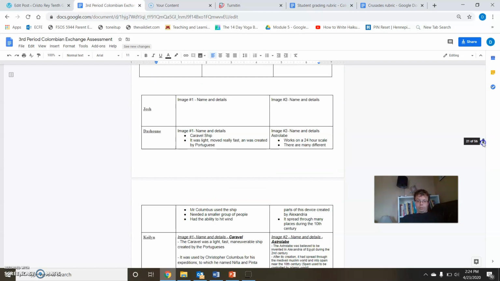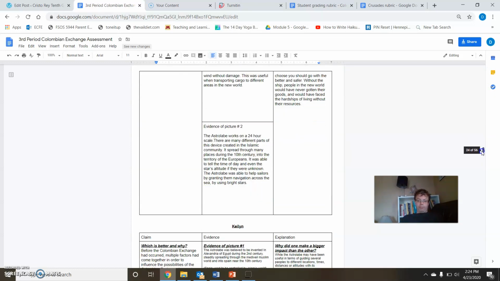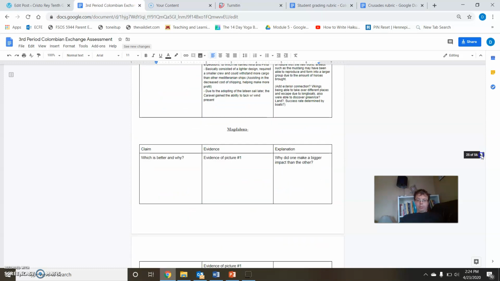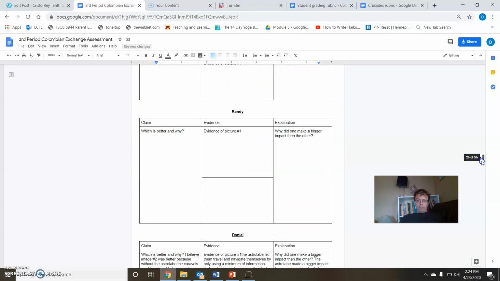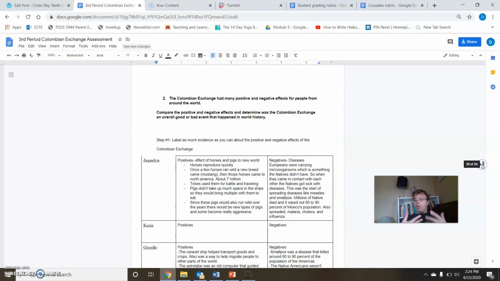For question two, you have to scroll down a bit since we give room for everyone to fill in their CEEs. By the way, if I was ever confused and didn't know how to fill in my CEE, I would read other people's and see, oh, that's how I do it. Question two is, the Columbian Exchange had many positive and negative effects for people from around the world, and it's for you to compare the positive and negative effects and determine was the Columbian Exchange an overall good or bad thing.